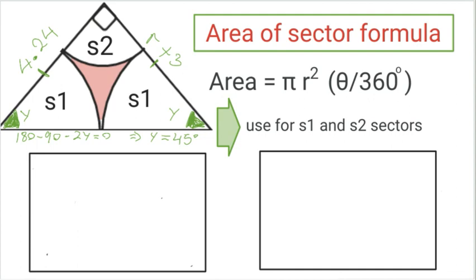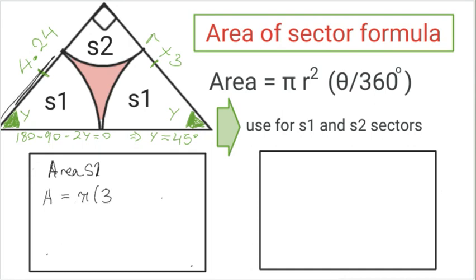Okay, so area of S1 will be pi by 4.24. Well, we can go with 3 here because it's the smaller side, so we just go up here at side 3.